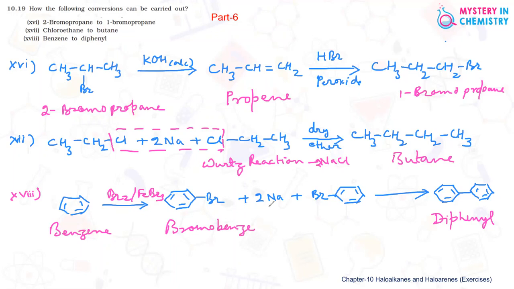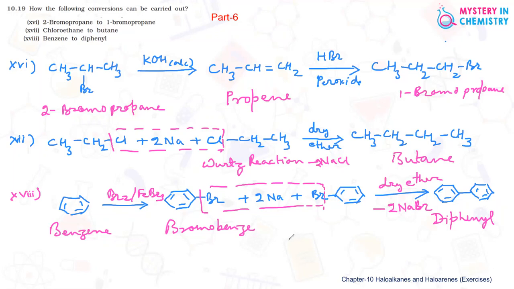Benzene, and when it is treated with sodium, again sodium bromide is coming out of the reaction, and two benzene rings are joined together. So two molecules of sodium bromide is coming out when it is heated with sodium in presence of dry ether. And diphenyl compounds are formed.